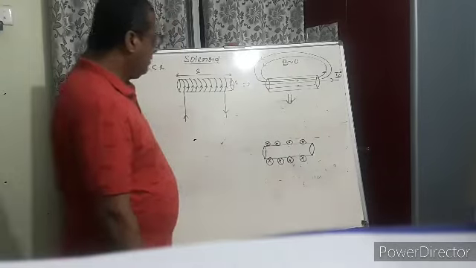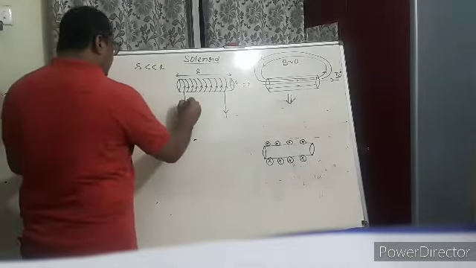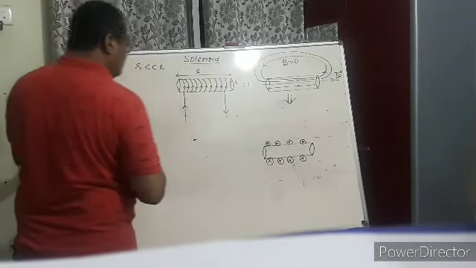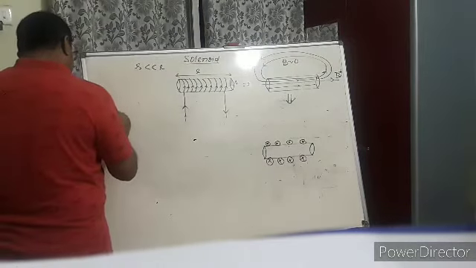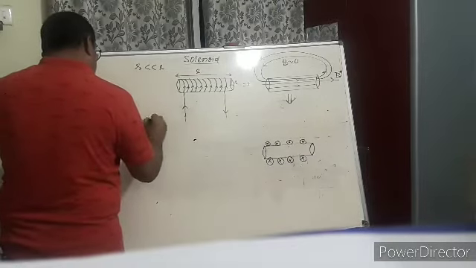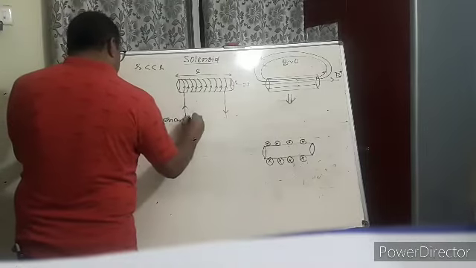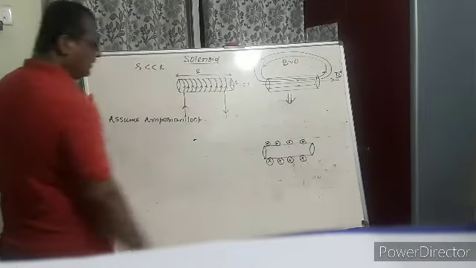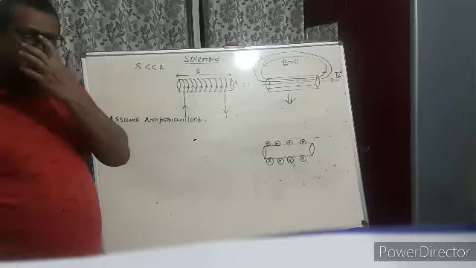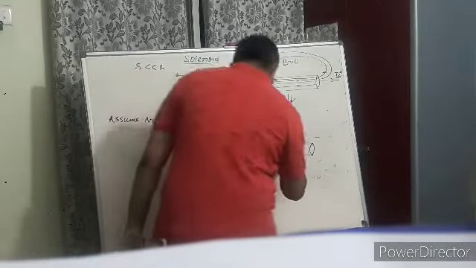Now we have to find the magnetic field. First of all, we have to assume an Amperian loop. For this, we have to assume a closed loop.